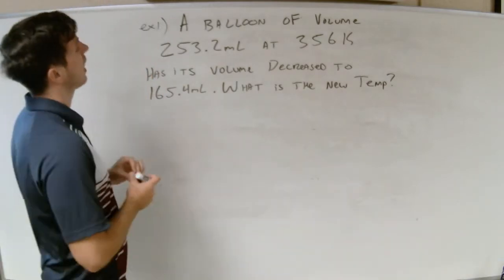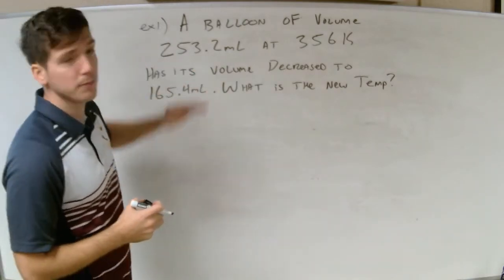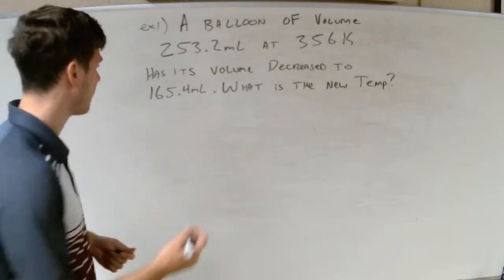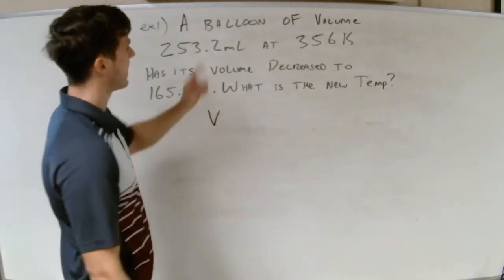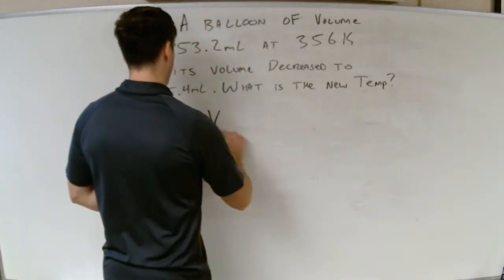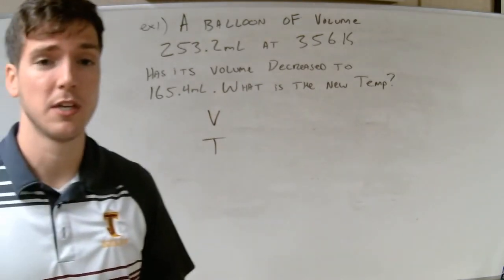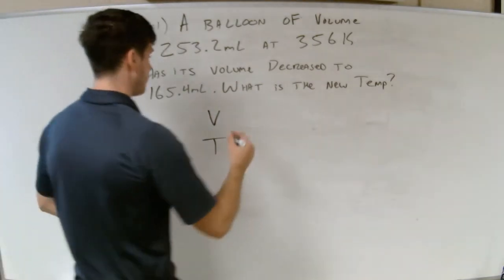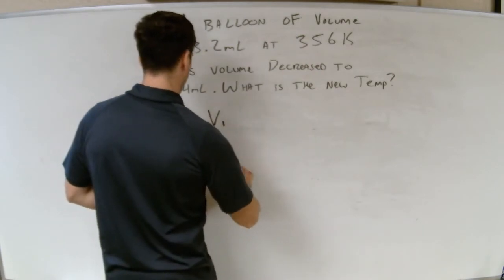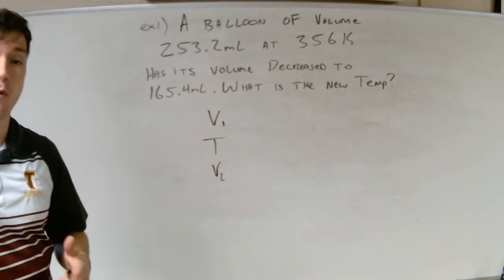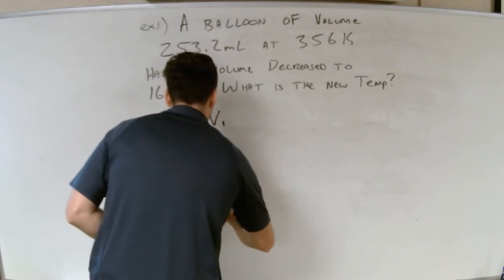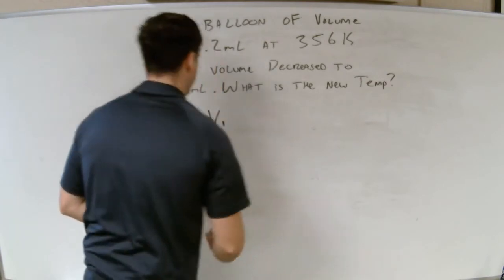Here I'm dealing with milliliters, that's a volume. So I've got a volume and a temperature. And then I get another volume, so I've got a V1 and a V2, and then it's asking me for a new temperature. So I also have a T1 and a T2.